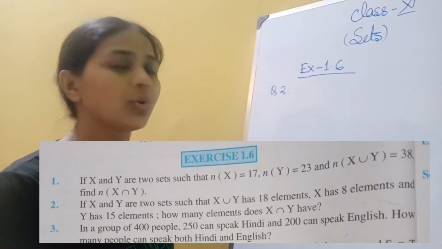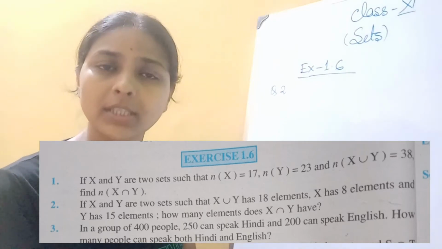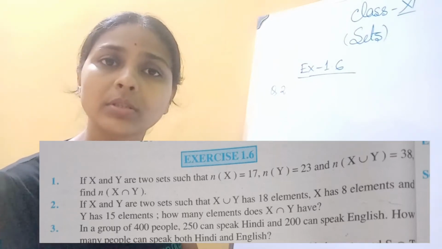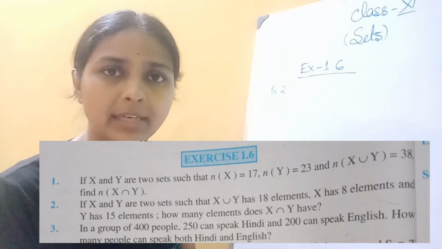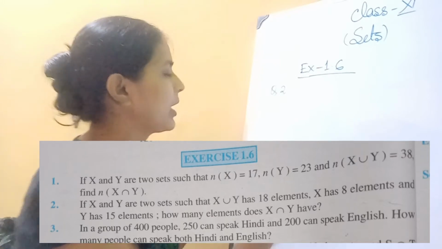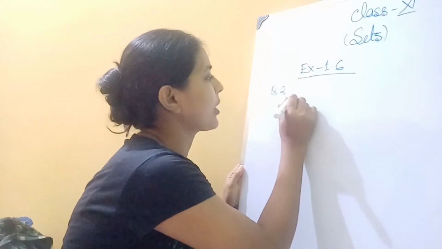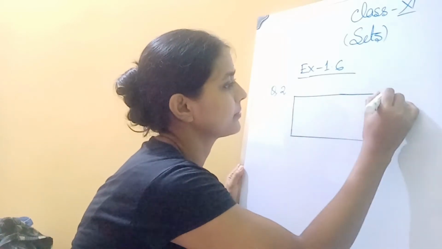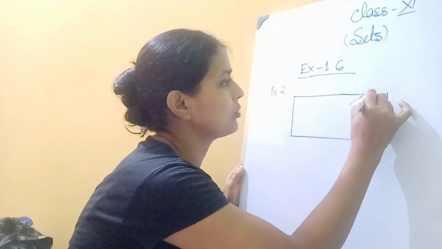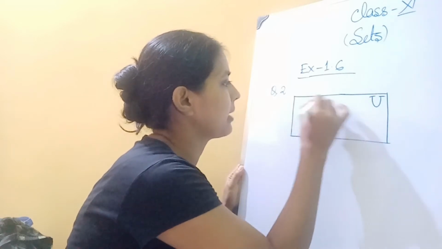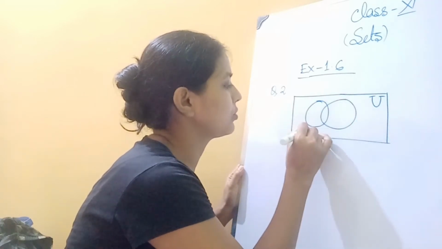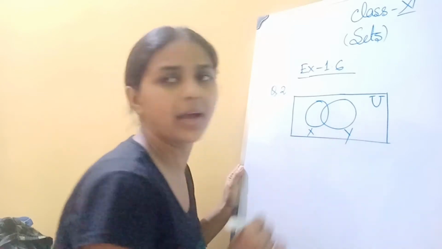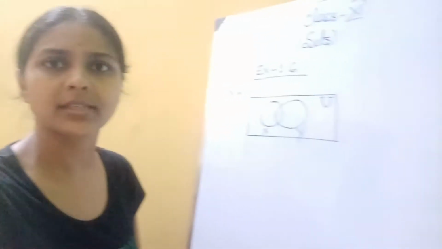Okay, so this particular question you can do just with the help of a Venn diagram very easily. So first we will be drawing the universal set, that is U, and I am drawing two sets X and Y because these are two sets.